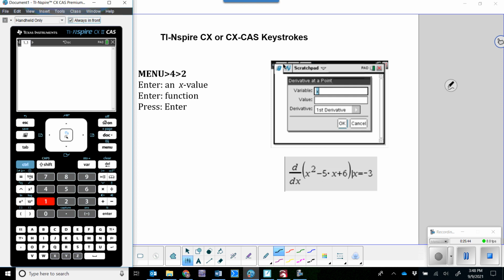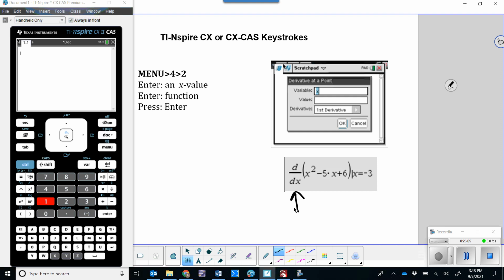Now, you can do the menu thing, but we're going to do this a little differently. There are some keystrokes for the CAS calculator, but I'm going to give you a shortcut. In order to get this template, d/dx, that I'm doing the derivative, you can do that by a shortcut.